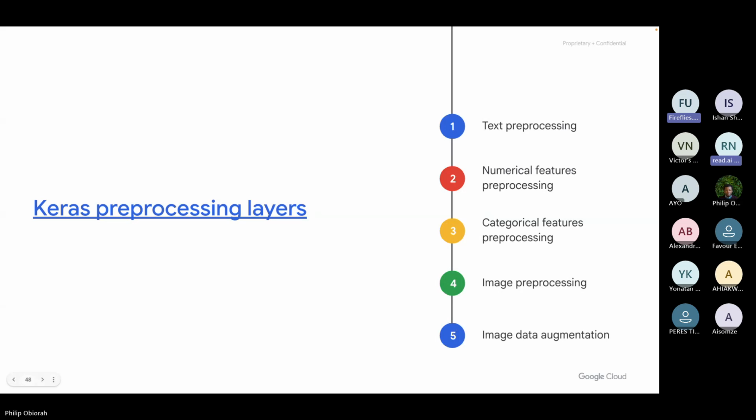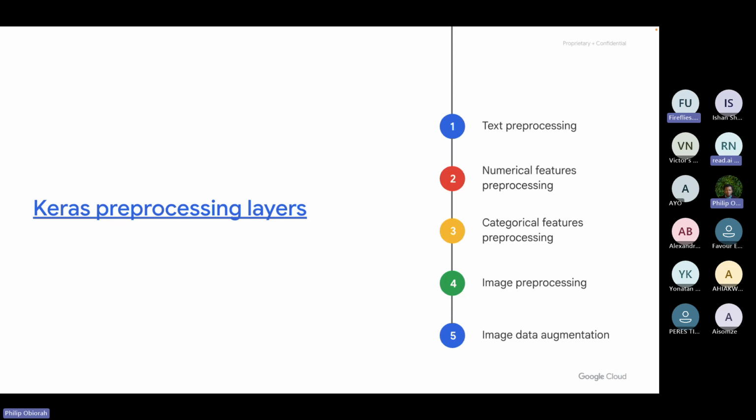Now this leads us to how processing is done. So we have these Keras processing layers. What is it? Traditionally, you would use pandas, NumPy, to clean your data before feeding it into the model, right?